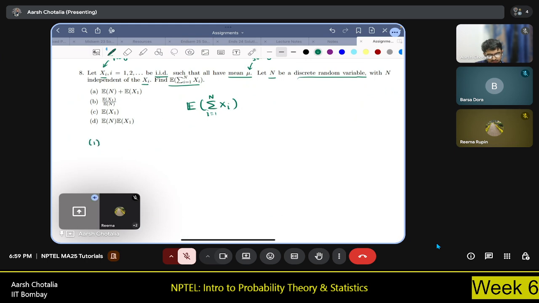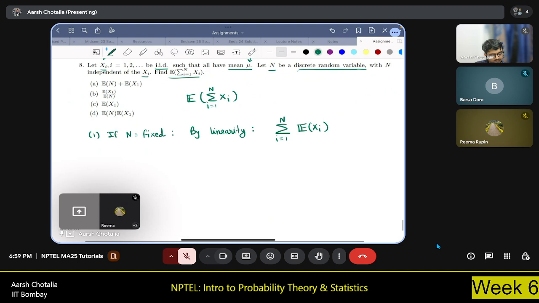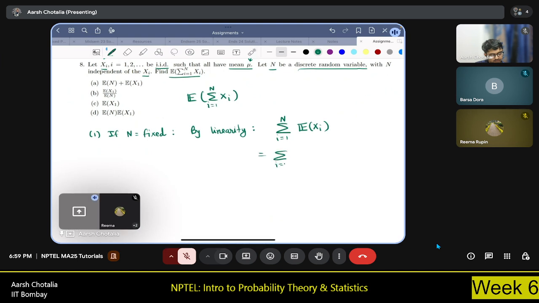First comment, if n is fixed, then by linearity of expectation, I can take the expectation inside the sum. So this becomes the sum from i equal to 1 to n of the expectation of Xi, which is the sum from i equal to 1 to n of mu, which is just mu times n.